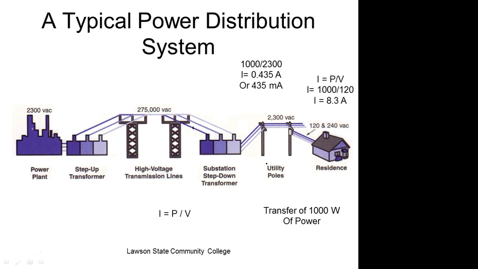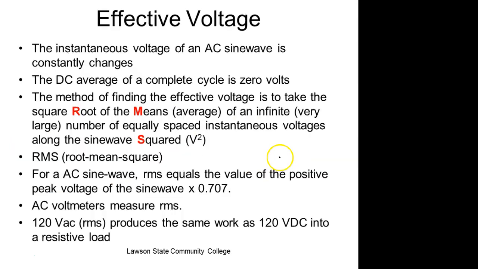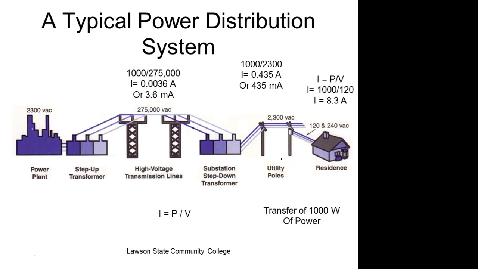Then we go to a substation again. Over here, 275,000 volts, we're looking at 3.6 milliamps to send 1,000 watts of power. And then we go over here, 2,300 volts again, so we're back over there. So you can see what's going on there, and the advantage AC has, because with AC we can do what with it?